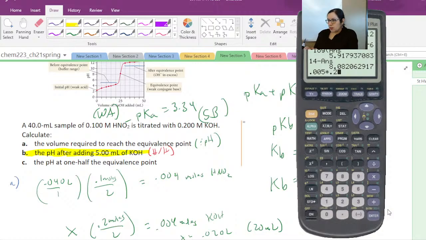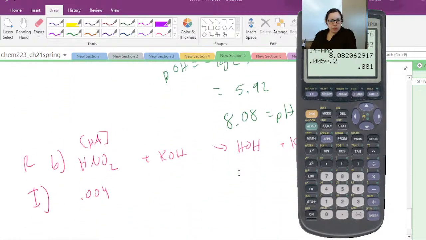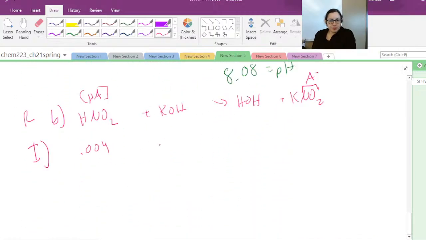So how many moles did that give us? So 0.001 looks good. And then again, we haven't reacted yet. And so now let's do change, or again, reaction in this case.